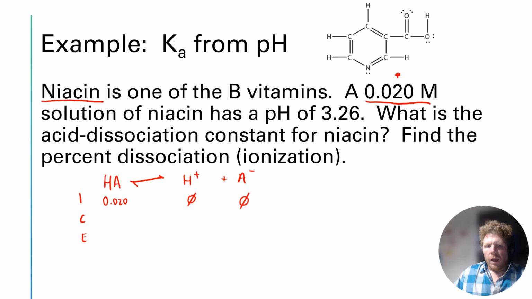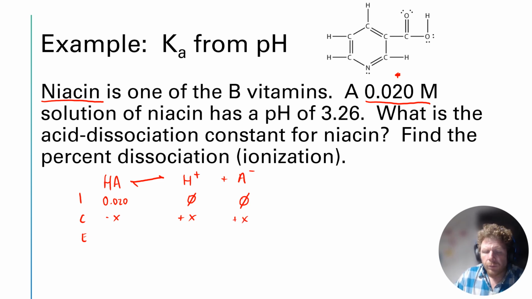Now what I know to happen is that this HA will dissociate, so that will be minus X. My hydrogen concentration will go up by X, and A minus will go up by X as well.